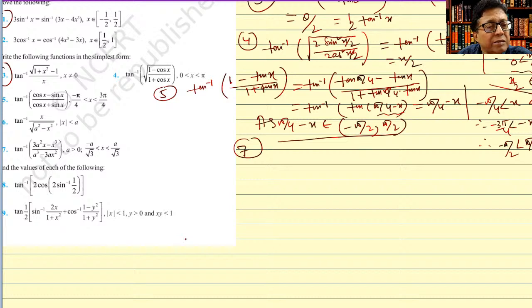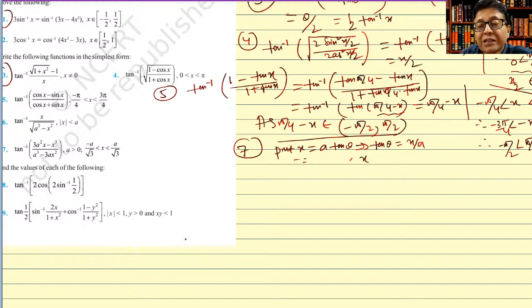Number 7, how to proceed? In the same manner. Put x equal to a tan theta. Why? Because this will give you tan theta. So this implies tan theta is x by a.